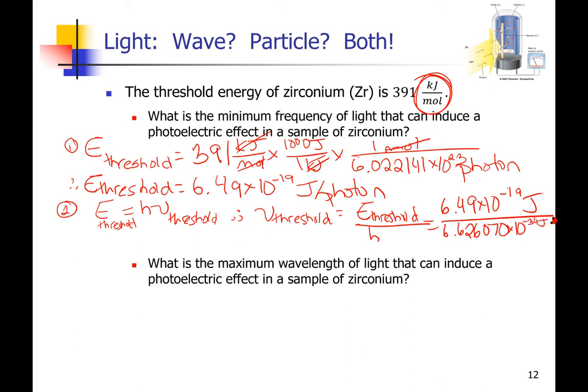Now, you will oftentimes see the units for Planck's constant written as joules times second, because if you want to reduce to the minimum IUPAC units, joules and seconds are base units.